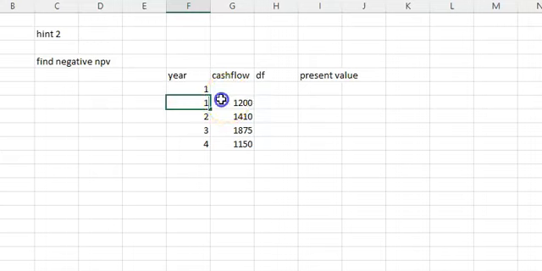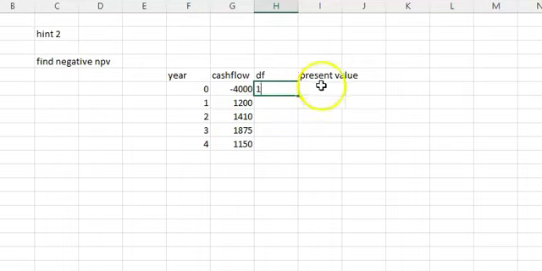So here I'm going to put here 0. I've changed now. I want to use another way. Okay, so in year 0 you can put your number in bracket to show that it was an outflow. Discount factor in year 0 is always 1, so this same amount comes there.